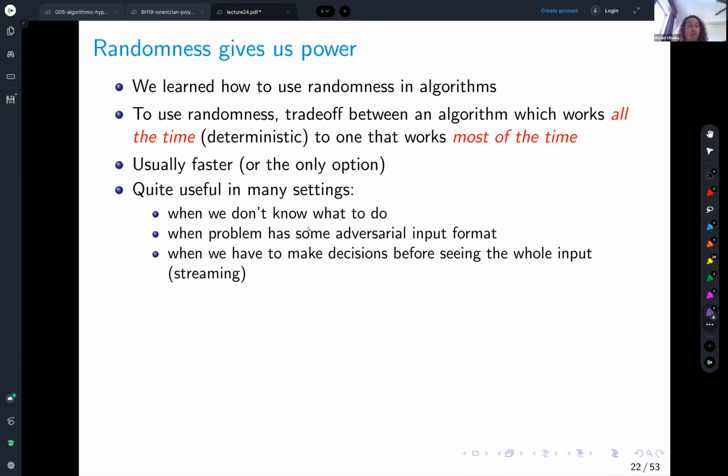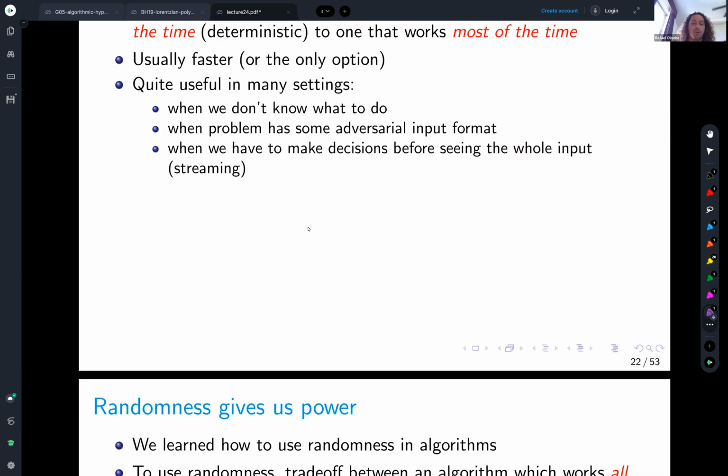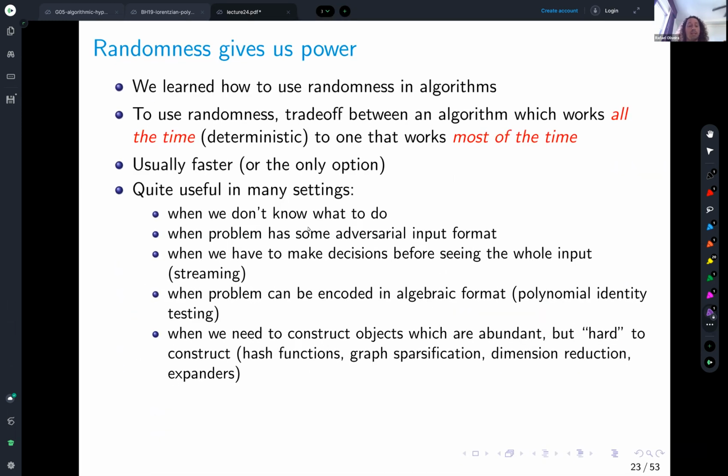Another setting is when we have to make decisions before seeing the whole input, like the streaming model. We pick a random hash function, and then we're able to hash the elements and use very little memory to extract some information about the whole stream, right?